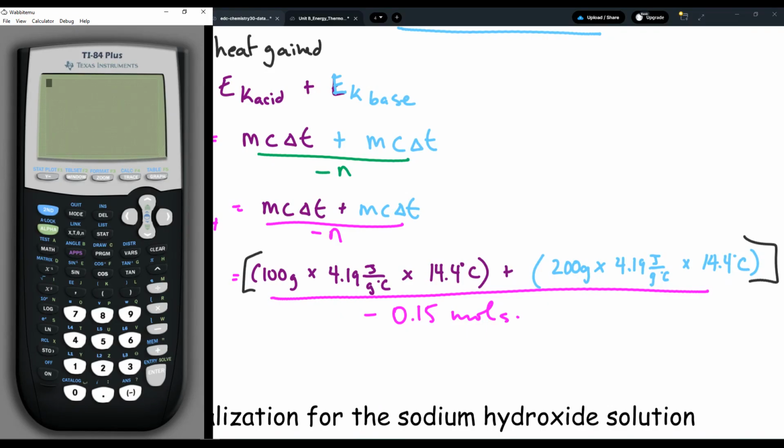Okay, I'm going to bring up my last answer so that it's clear what I'm putting into my calculator for the denominator.